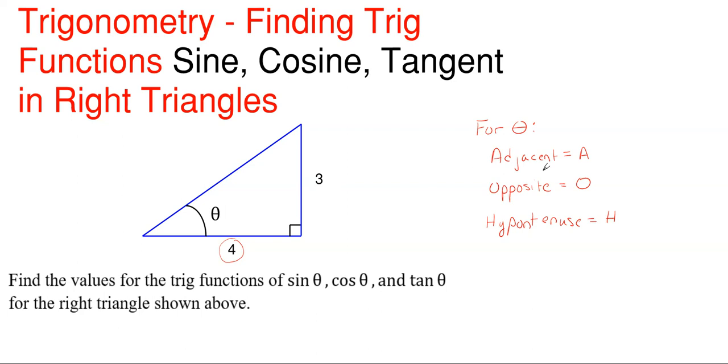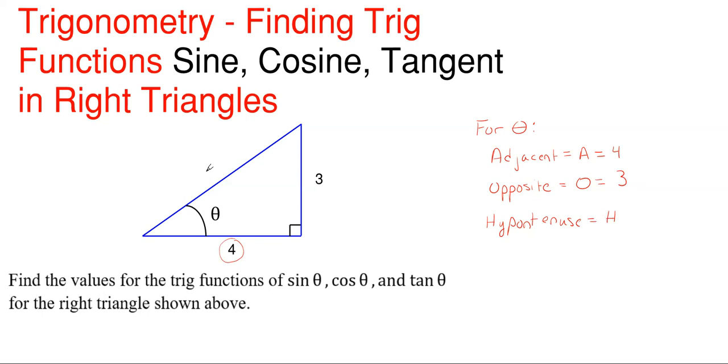So for this particular triangle, our adjacent side is 4. The opposite side is the leg that the angle is not touching, the exact opposite side of that angle, furthest away from it. And that would be 3 in this case.